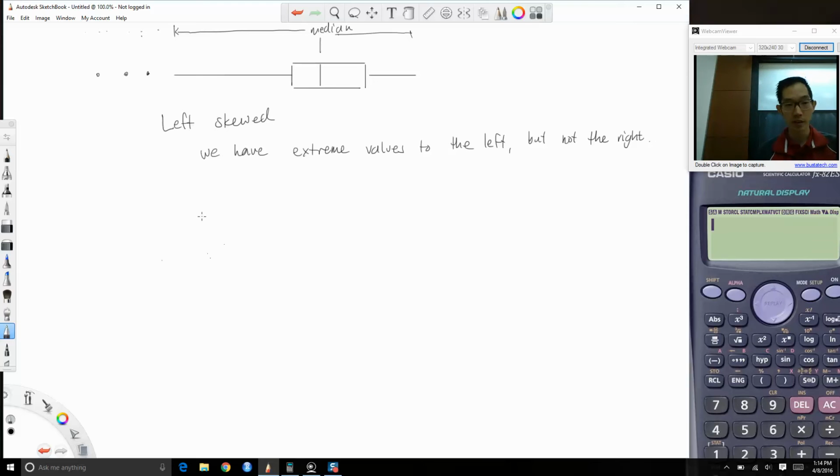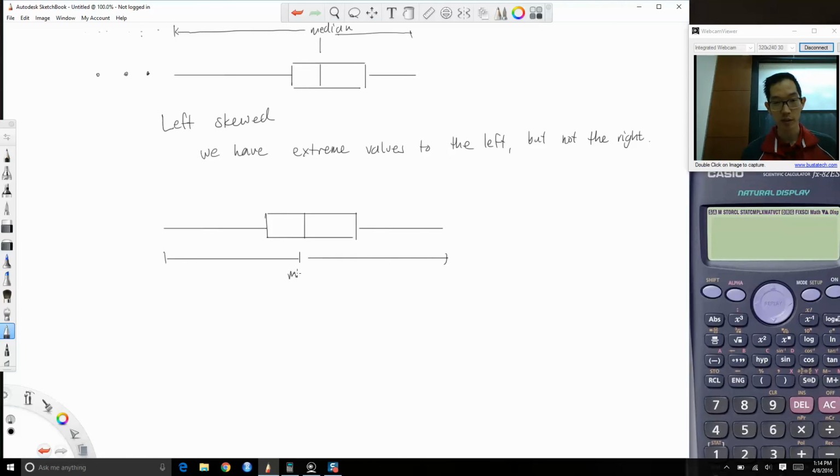If you have something symmetric, the box in and of itself may not be symmetric, but if you just look at the distance to the ends of the whiskers, assuming we have no outliers, how far is it from the min to the max?